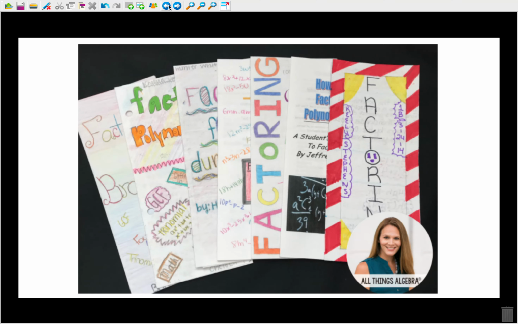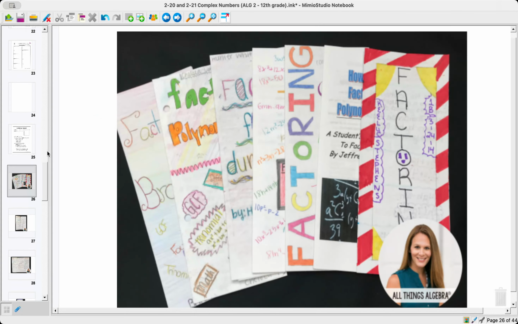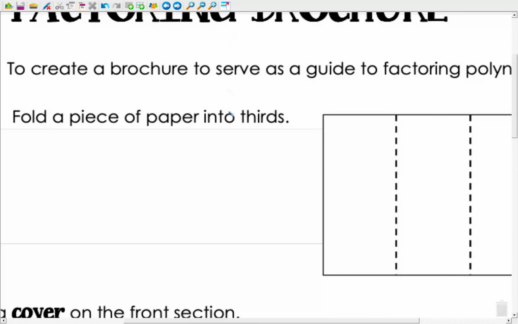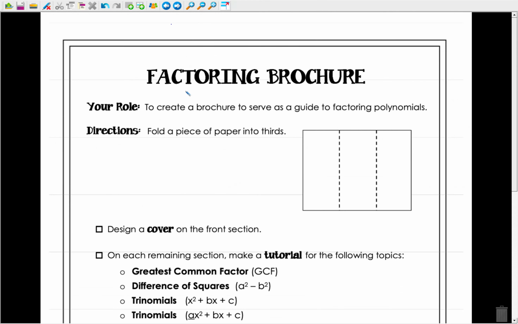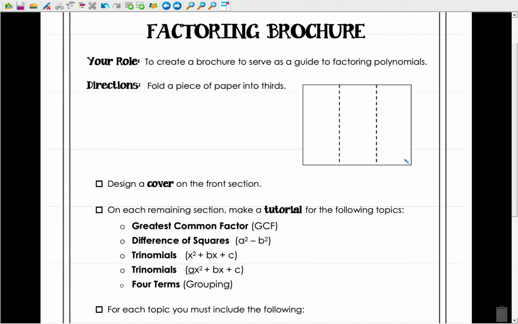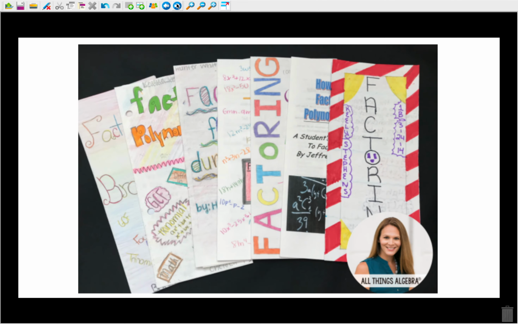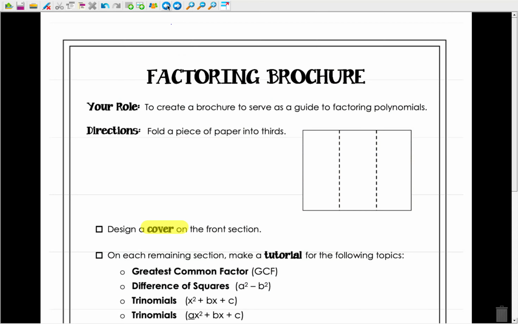When you do this, you will have, let me show you the direction sheet right here. You will have your paper in thirds, such as this, and you're going to give me a cover on the front section. The cover on the front section is like what I just showed you here, where you've got something decorative on the outside, okay?